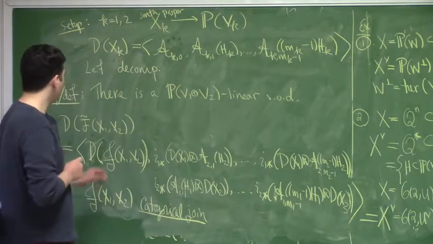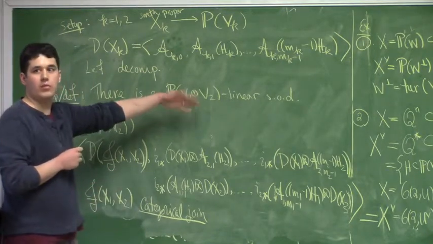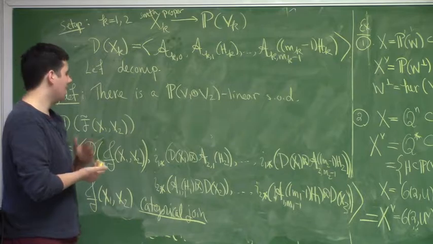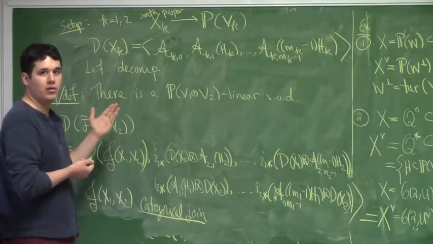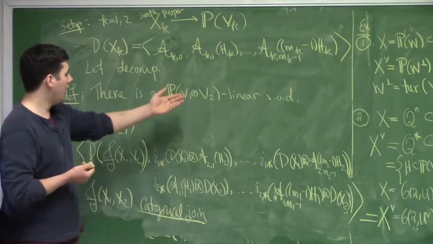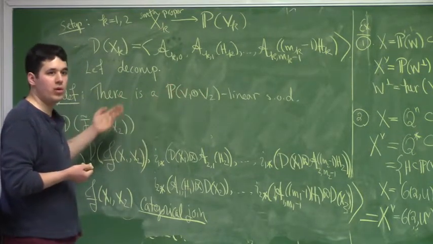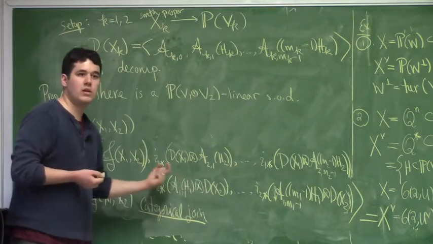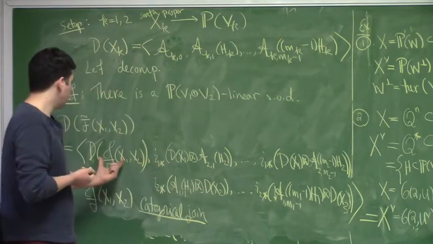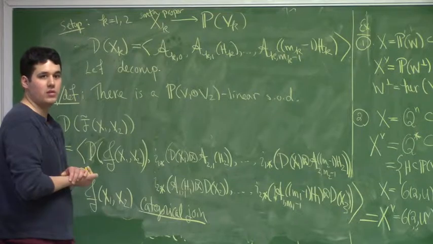Maybe one other thing which I should explain is what this P(V1 plus V2) linear part means. That just means this J tilde maps to P(V1 plus V2), and if you take an object here, you pull it back and tensor, the statement is that it preserves all of these components. In particular, it preserves this category D of J(x1, x2).